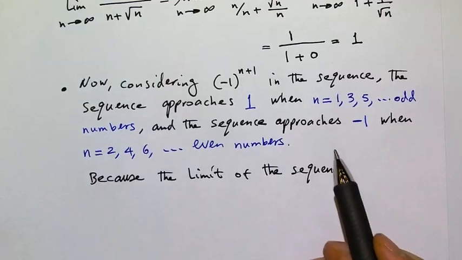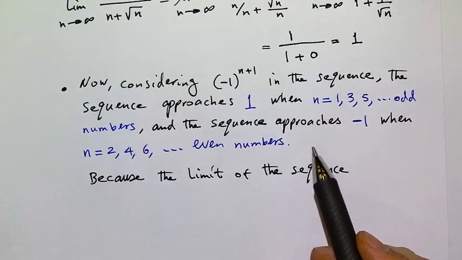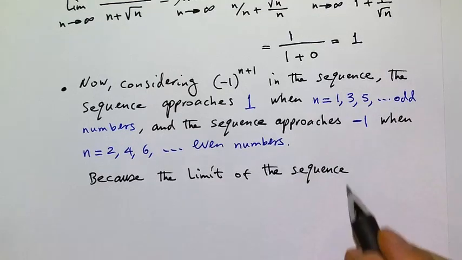This oscillating behavior always means that the sequence is divergent.